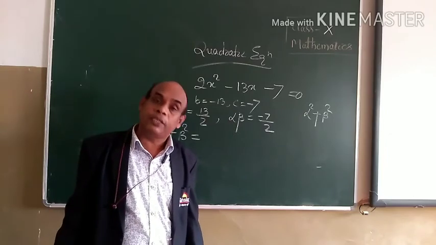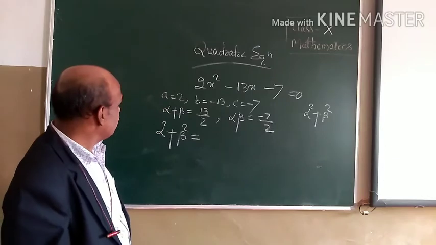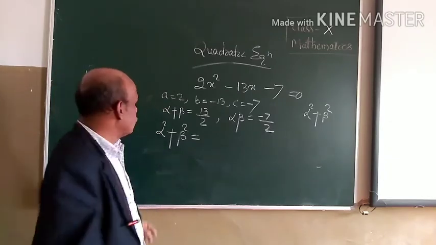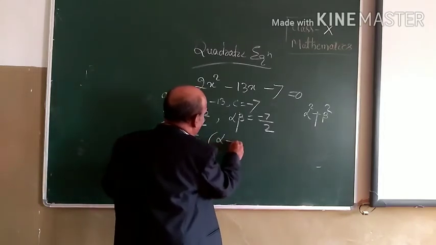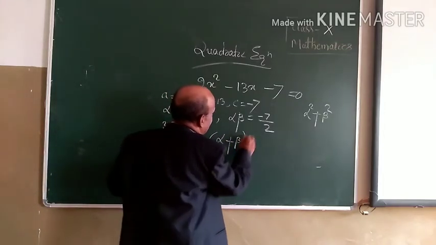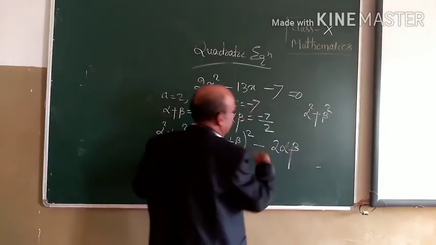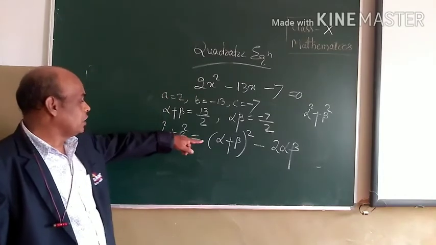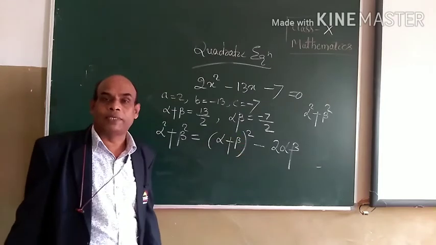So you may write alpha square plus beta square is equal to the whole square of alpha plus beta, minus 2 alpha beta.